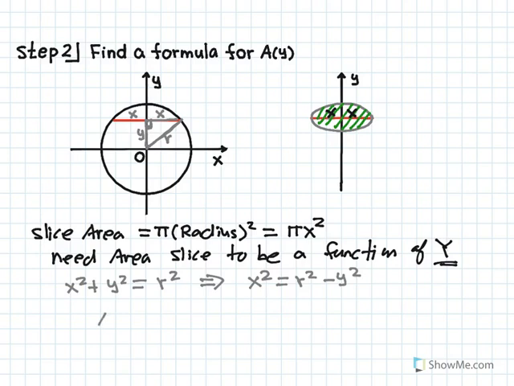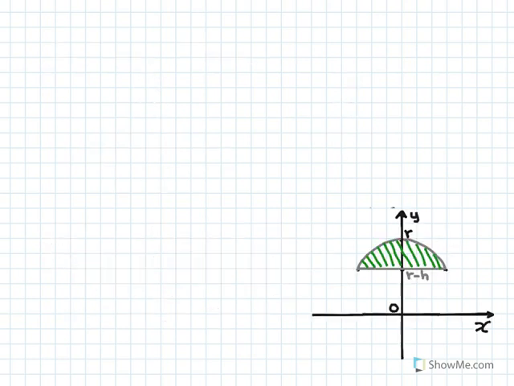So the cross-sectional slice area is pi x squared, and substituting for x squared in terms of y, we get pi times r squared minus y squared. And now this is a function of y. The cross-sectional area is a function of y, and now it can be added in the direction of the y-axis. It can be integrated with respect to y.